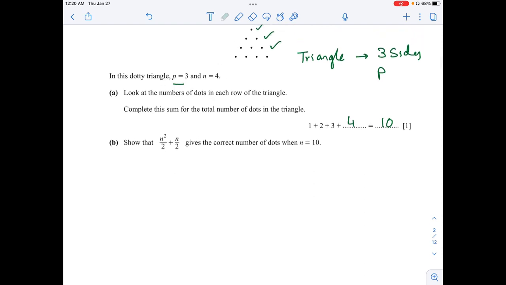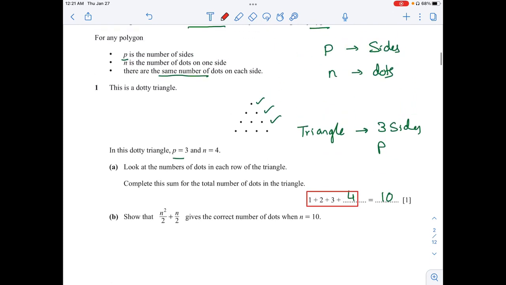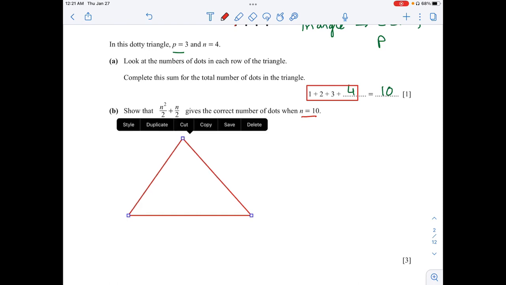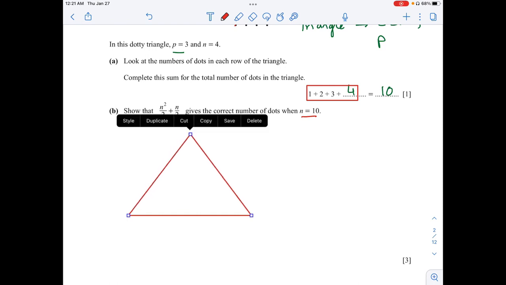So what is the pattern over here? There are 4 rows, so I have multiplied up to 4 dots on the n. N is nothing but the number of dots on each side. So when n is equal to 10, there will be a triangle with 10 dots on each side.